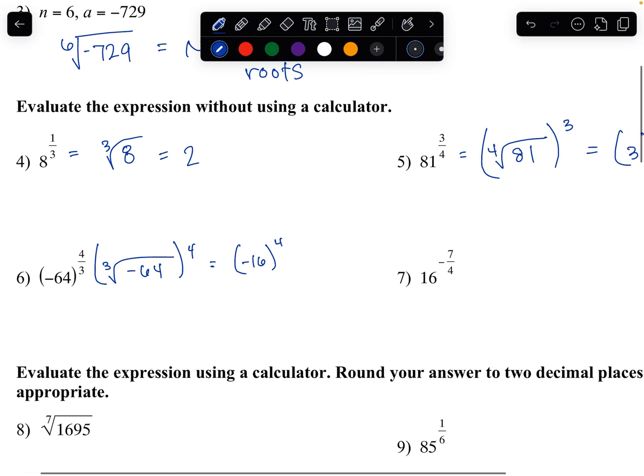So 16 times 16 times 16 times 16. So this right here is 256. Oh man, I can't do that in my head, so I'm just going to do 16 to the 4th in the calculator, guys, and that's okay.